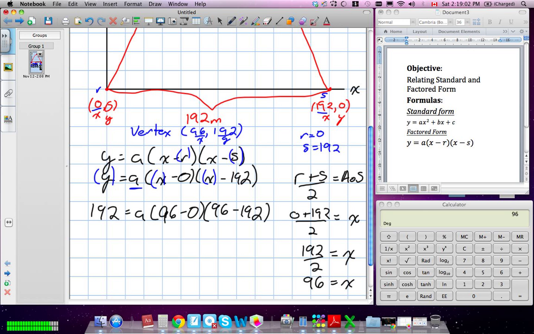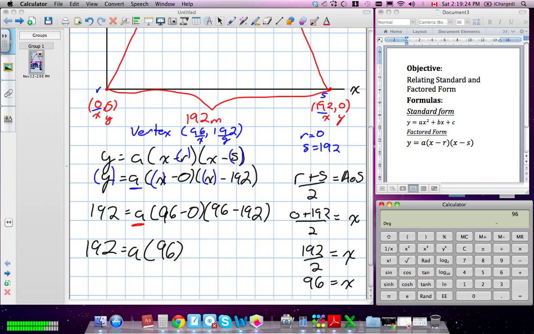Okay, so let's walk through this together. 192 is equal to a, 96 minus 0? 96 minus 192? Yes, good. Let's just double check. You're very right, because it's halfway in between, so it'll be negative 96. So we have negative 96 times positive 96.